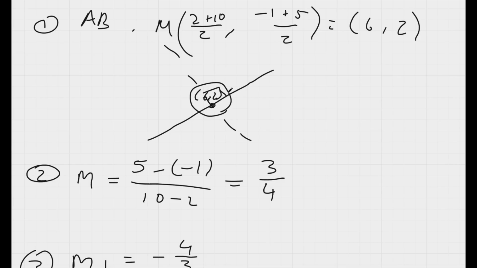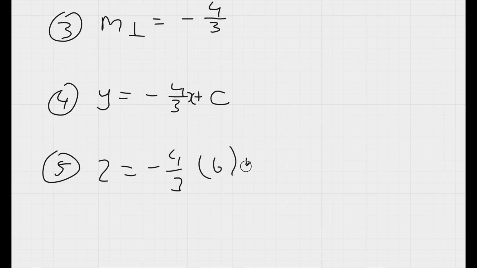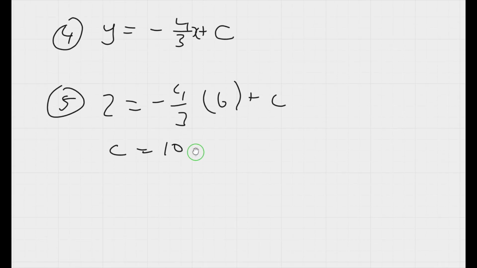All you need to do is sub that in. 2 equals -4 over 3 times 6 plus c. And you might be asking, what does that give? It gives 10. C equals 10.